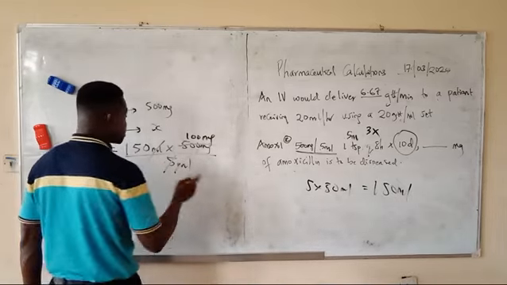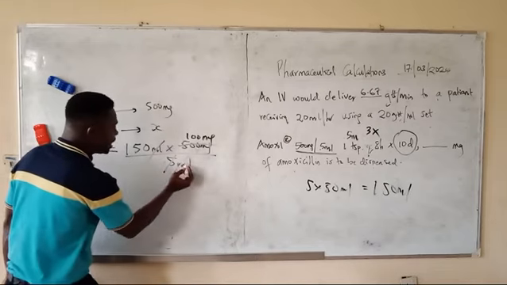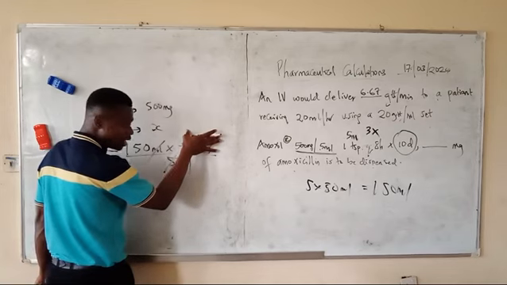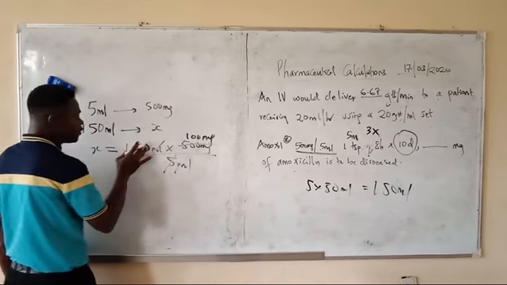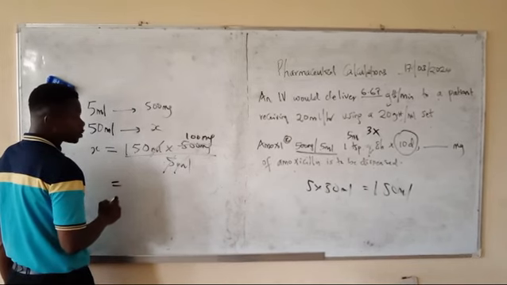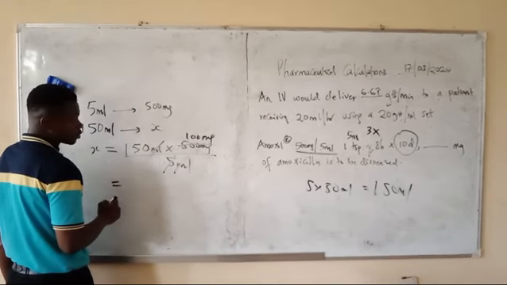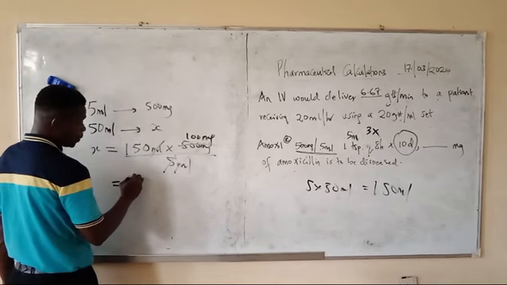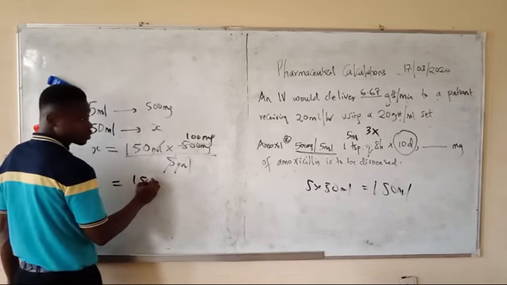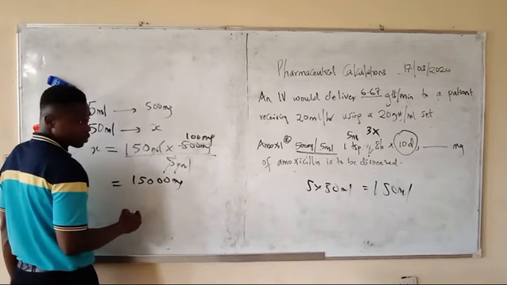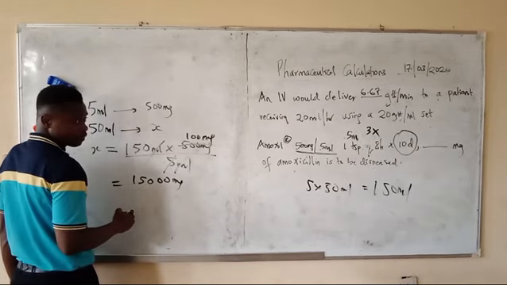So ml has cancelled, right? Yes, 500 milligrams divided by 5 is 100 milligrams. So 100 milligrams times 150 is what? It's 1,500, which is 15,000.